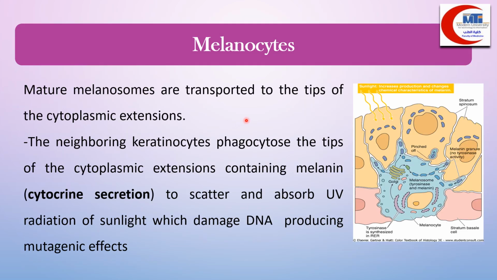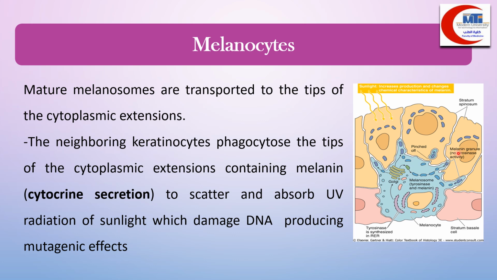The melanosomes, as they mature, are transported to the tips of the cytoplasmic extensions. The neighboring keratinocytes phagocytose the tips of the cytoplasmic extensions containing the melanin, and this is called cytocrine secretion.